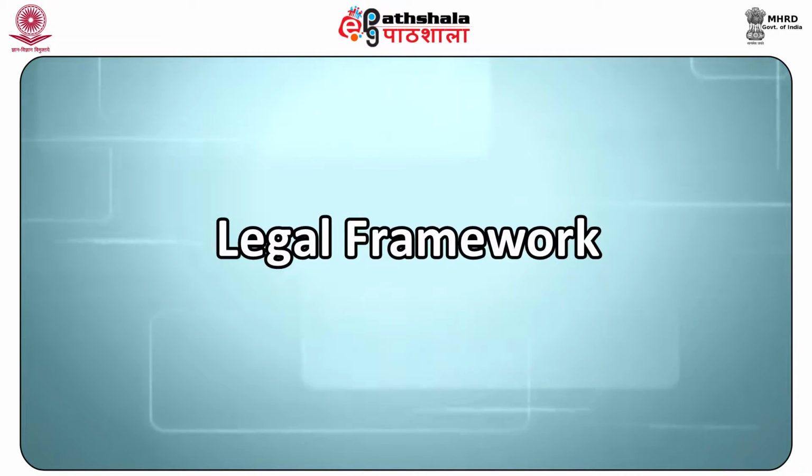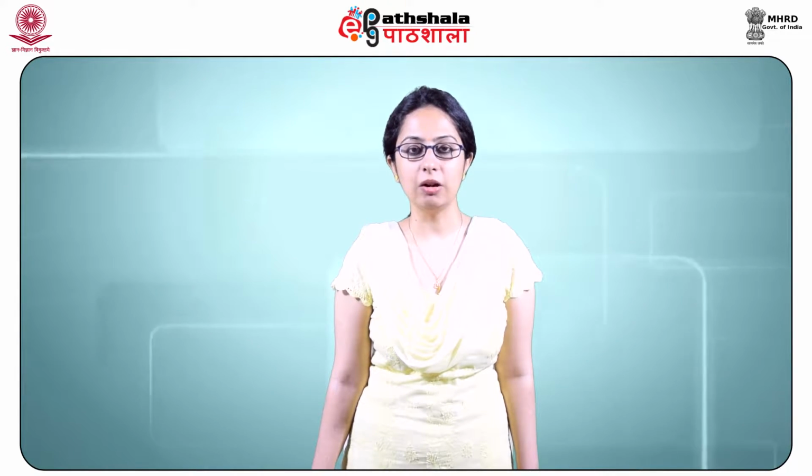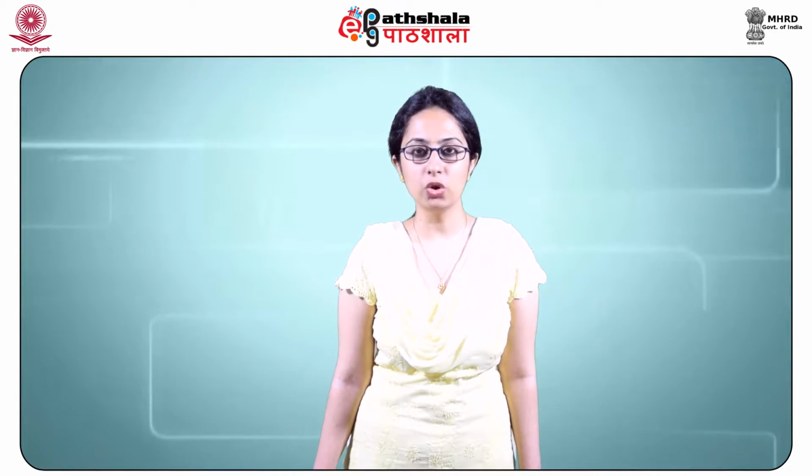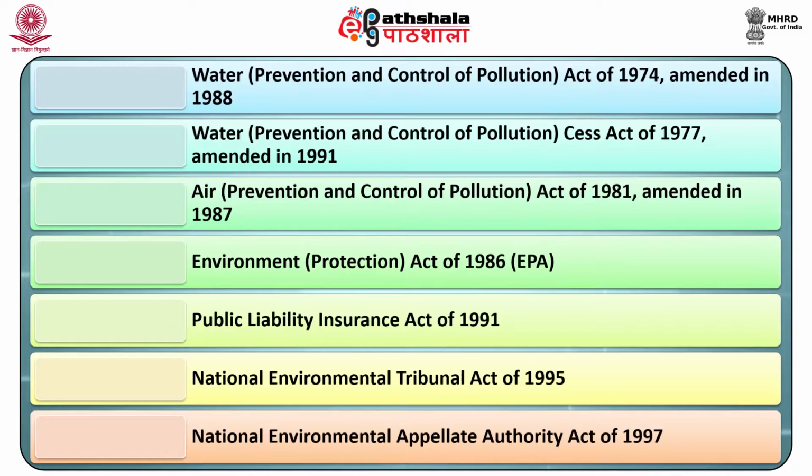Next, moving on to the legal framework. India has enormous laws relating to environmental protection. The main laws for the prevention and control of industrial and urban pollution include the following: Water Prevention and Control of Pollution Act of 1974, amended in 1988. Water Prevention and Control of Pollution Cess Act of 1977, amended in 1991.